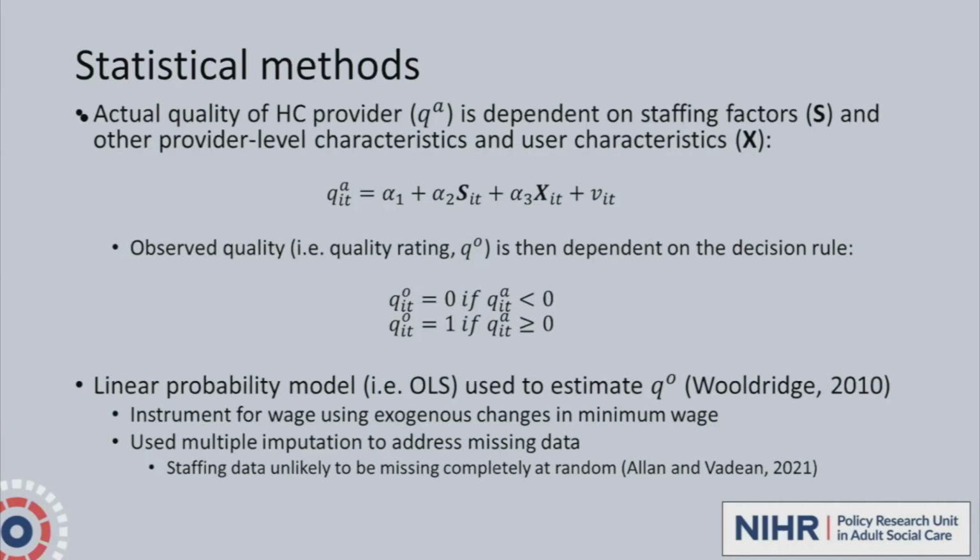We do that because we expect there to be some endogeneity in this relationship between quality and wage. For example, that circularity could happen. We're trying to look at the wage effect, how that influences quality, but it could quite easily be that a provider could reward staff with a higher wage from an increase in quality. We also use multiple imputation to address missing data. I won't go into too much detail on that.